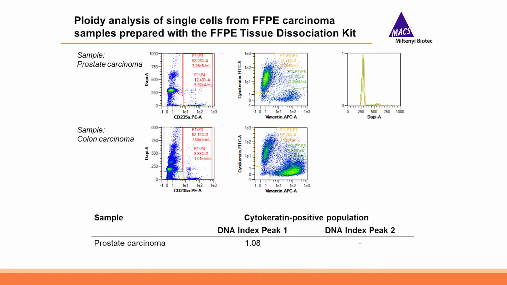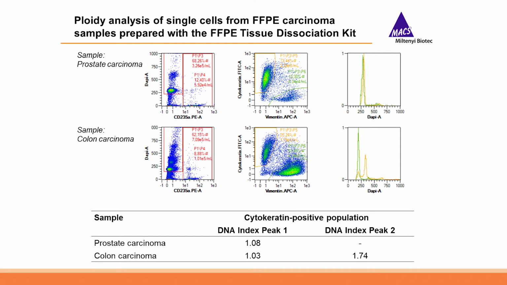Let's have a look at another carcinoma sample. In this case, it was a colon carcinoma. First, we gated out the doublets. Then we gated on DAPI-positive cells. And we split this population again into cytokeratin-positive carcinoma cells in orange and vimentin-positive non-tumor cells in green. The DNA signal of this carcinoma is a little different.